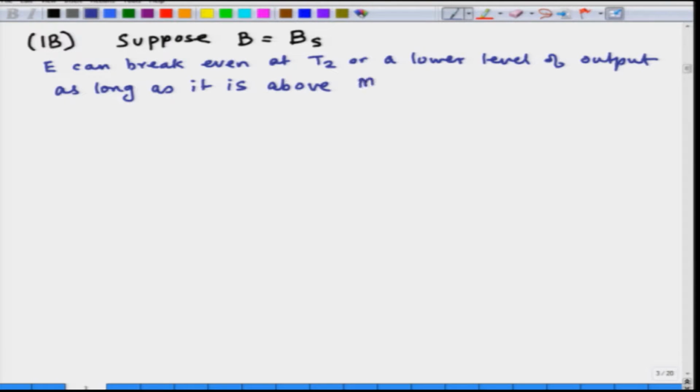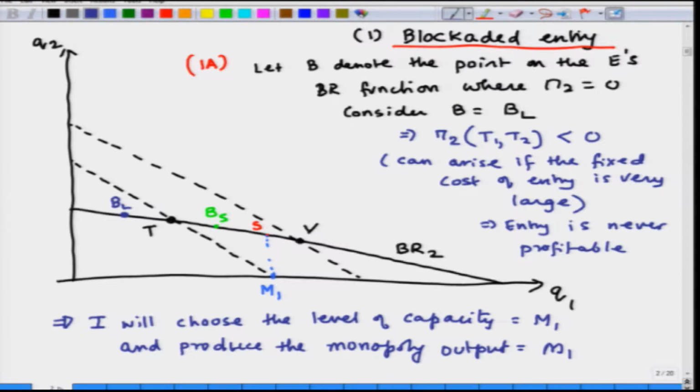Recall, this is T2 and this is M2. So, in this case the entrant can break even at a level of output Q2 which is at T2 or lower than T2, but it is above M2. So, we are saying Bs is a point between the T and S such that pi 2 becomes equal to 0.